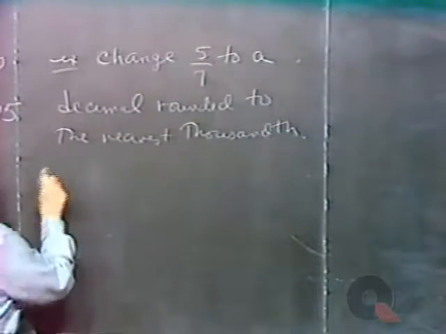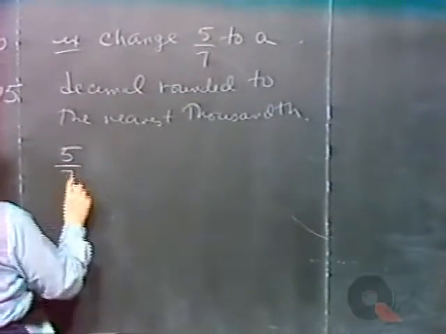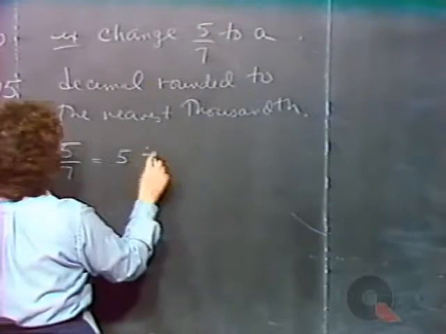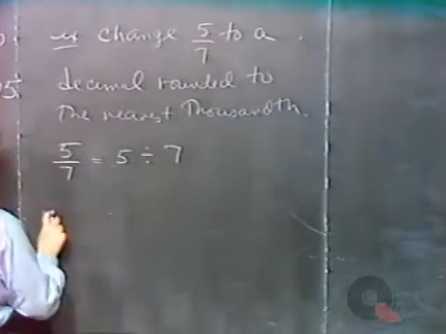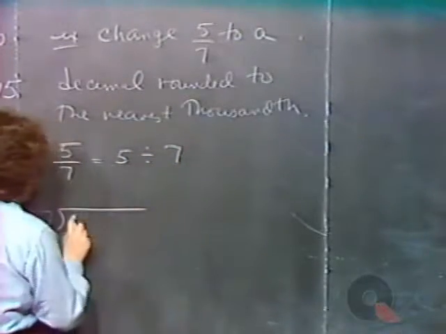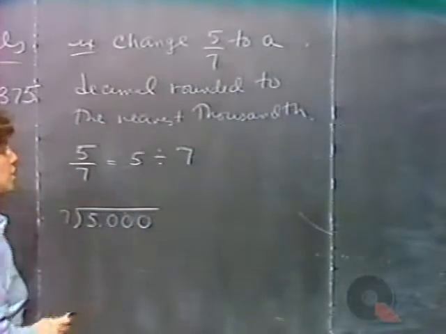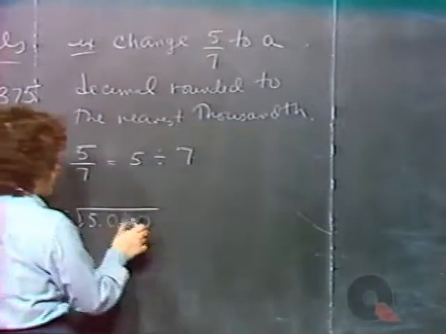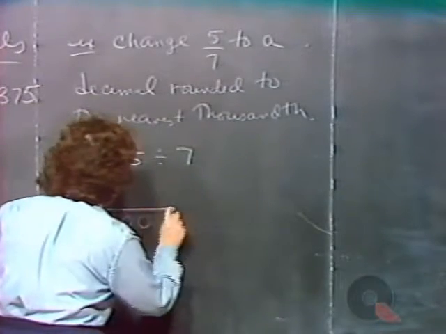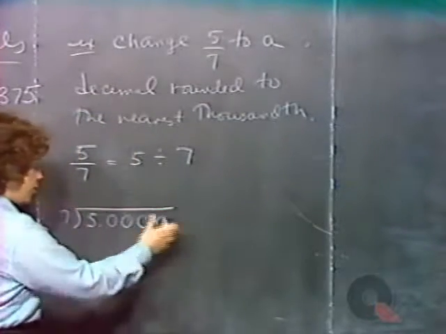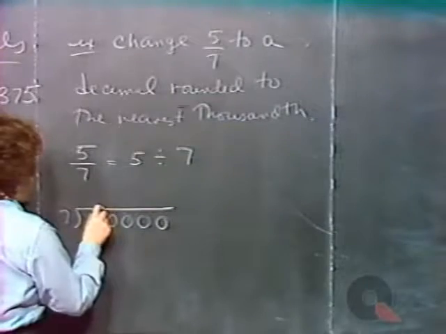Okay, 5/7 means 5 divided by 7. Now I want it correct to the nearest thousandth. I want it correct to 3 decimal digits, which means I must carry my work to 4 decimal digits and then round back to 3.